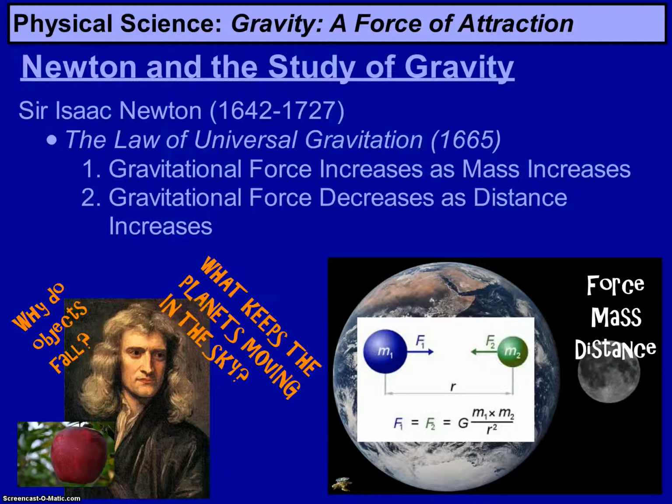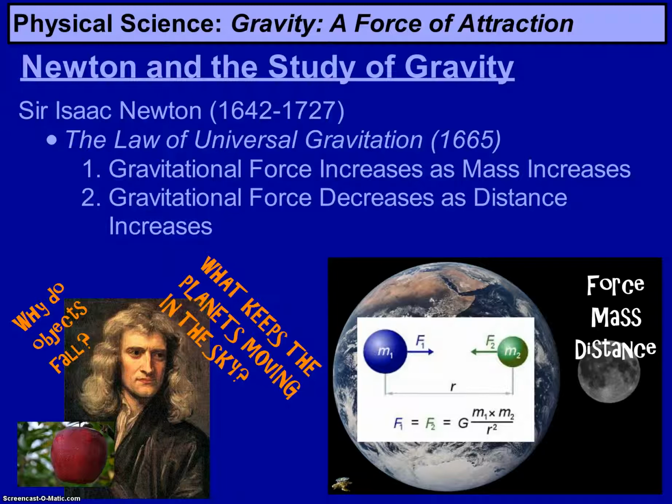Force 1 is equal to force 2 is equal to G, which is a universal constant, multiplied by mass 1 and mass 2 divided by the radius squared, and the radius being the distance between the two planetary objects. Okay, so that's the mathematical equation of the law of universal gravitation.